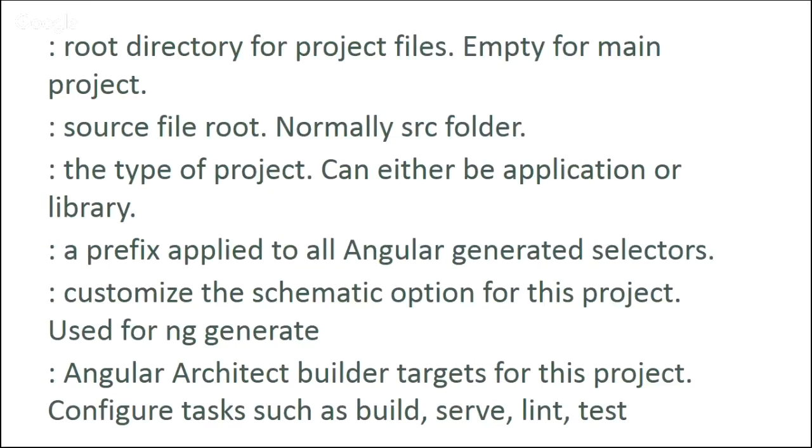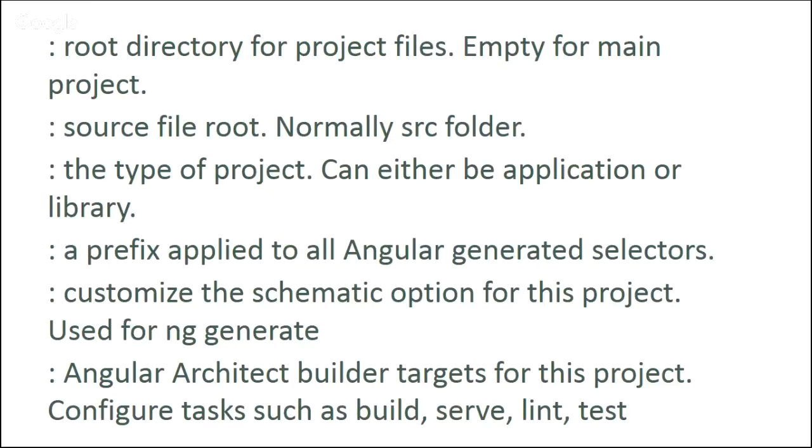So any components, directives, or styles that you generate will be prepended with the prefix. So if it was my workspace, it's going to be my workspace, my component name, or my workspace, my directive. Does that make sense? So that's the prefix. It will apply for everything generated within that project. So you can set this project by project.